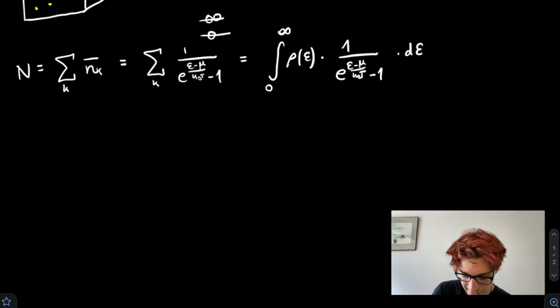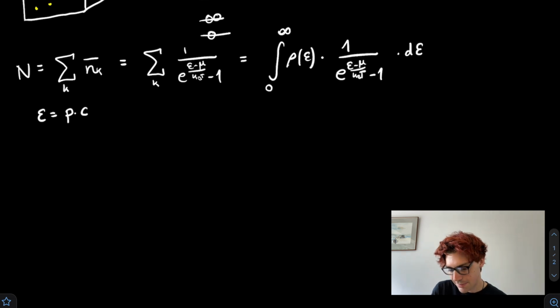So for light, if you remember, the dispersion relation was epsilon is equal to momentum simply multiplied by the speed of light. That was a linear dispersion. But for massive particles, which are particles that have mass, the dispersion relation was p squared over 2m, which is literally just half mv squared, but written in terms of momentum.